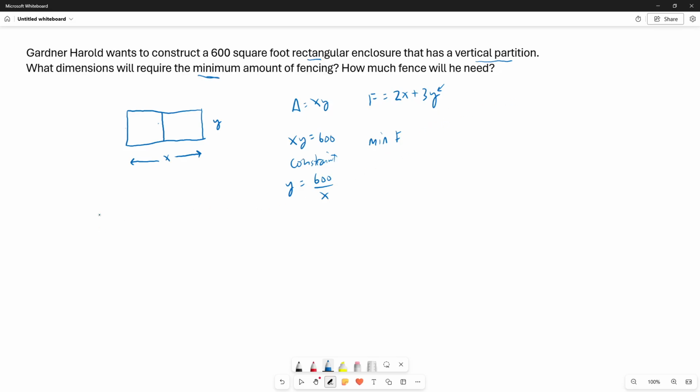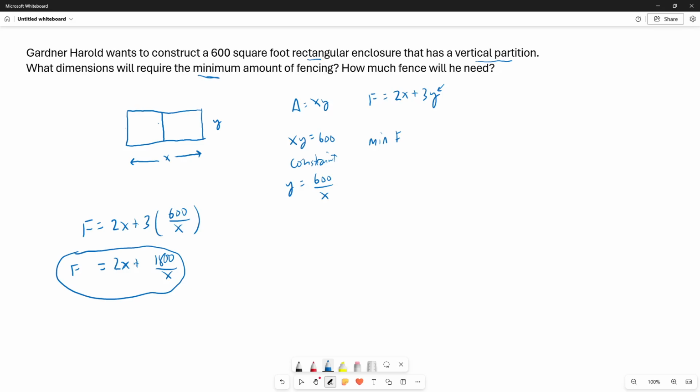So the objective becomes f equals 2x plus 3 times 600 over x, and we can write that as 2x plus 1800 over x. That's the amount of fence needed to create this enclosure having 600 square feet.